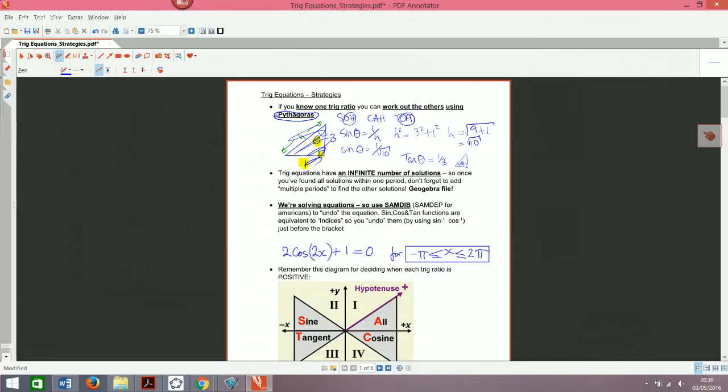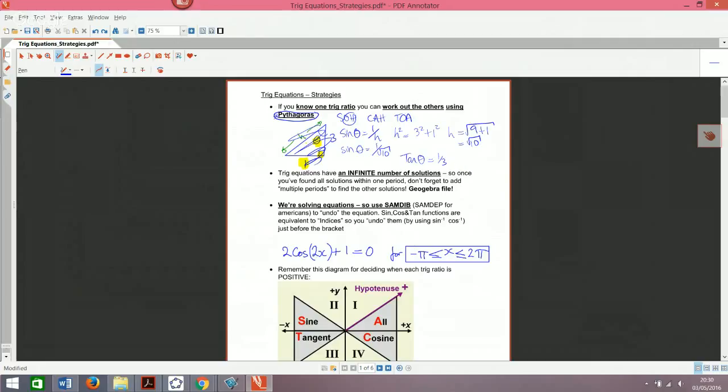It doesn't have to be up there. All that matters is the opposite is opposite the angle you're talking about, and the adjacent is next to it, and then you've set up your triangle, and you can use Pythagoras to find h, and hence find sine theta and cos theta. And that's a typical question. They'll tell you one of the ratios, and you need to set up this triangle and use Pythagoras to find the other ratios.